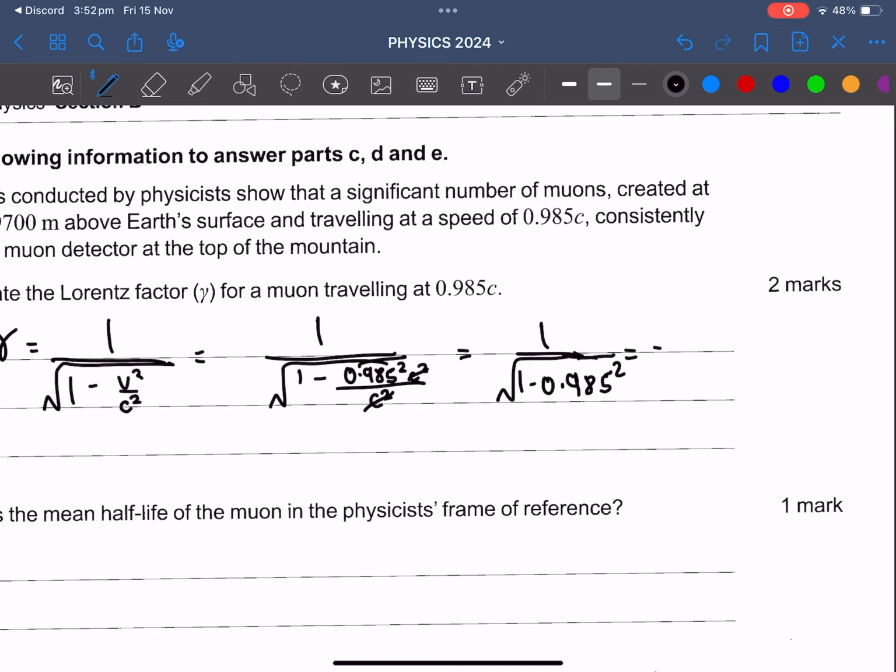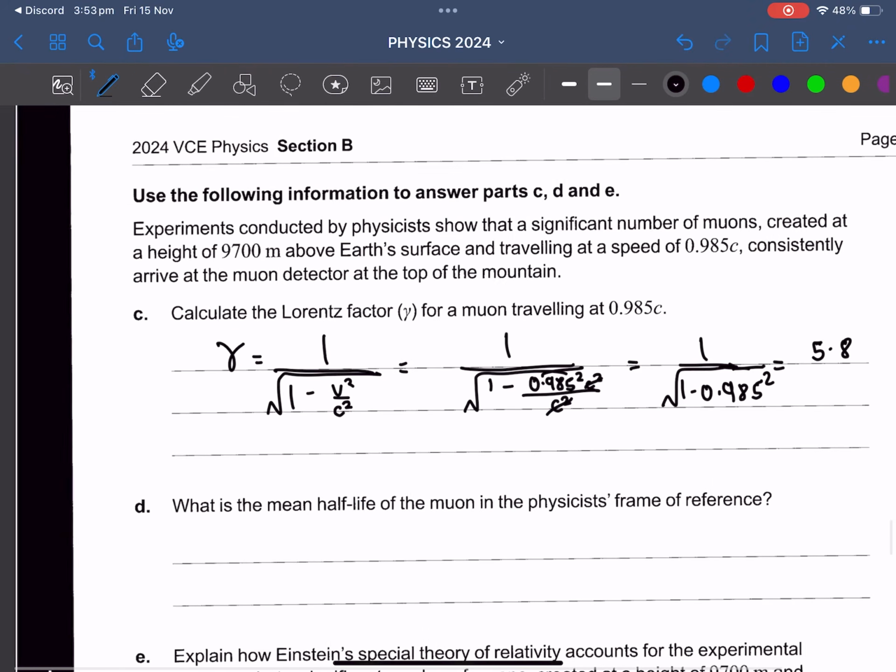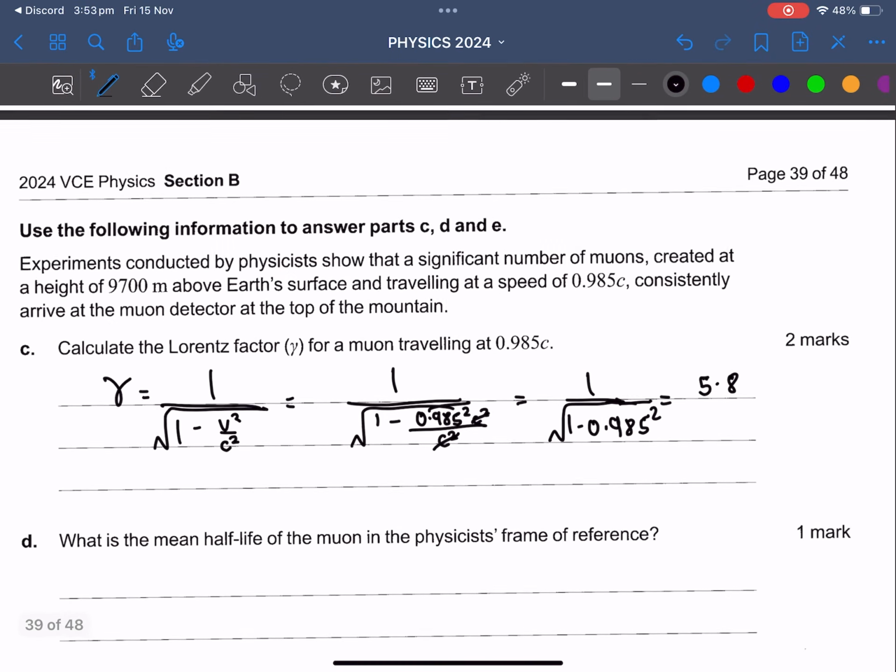Plugging that in our calculator, let's see what we get. We get 5.795. So I'm just gonna say 5.8 as our Lorentz factor, or maybe I'll use 5.795.